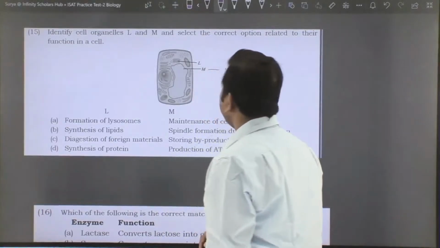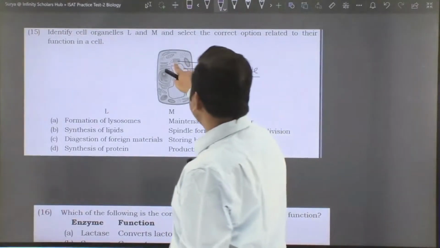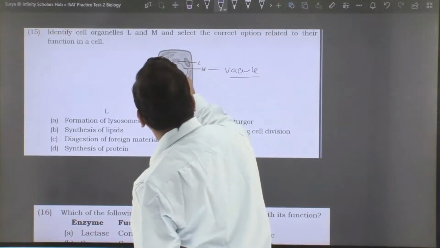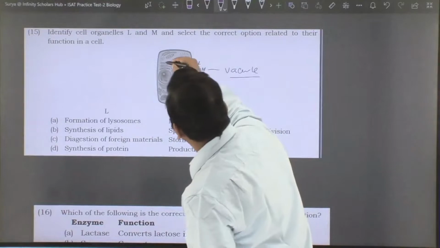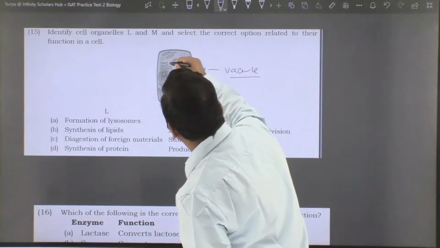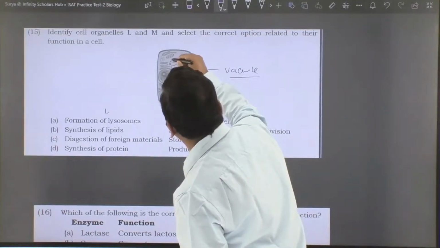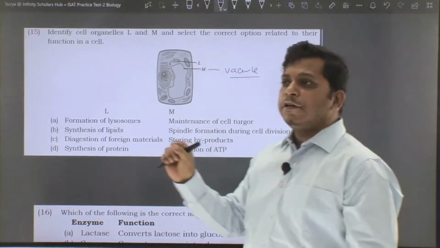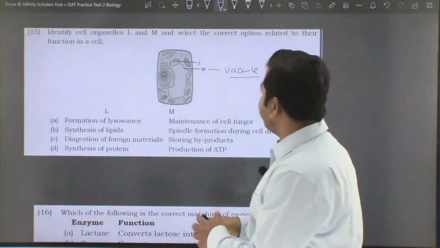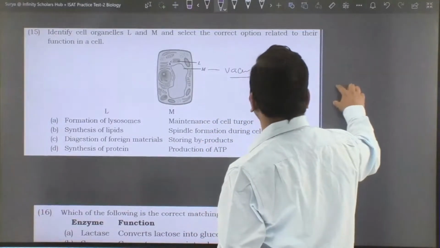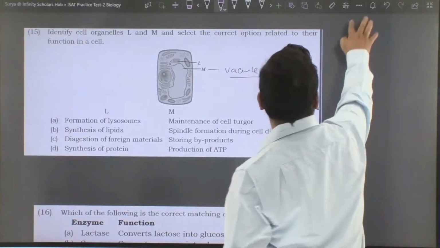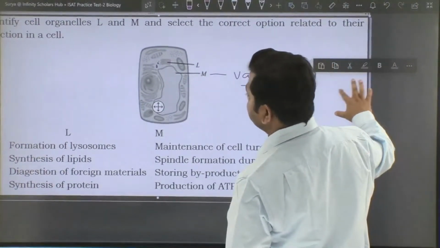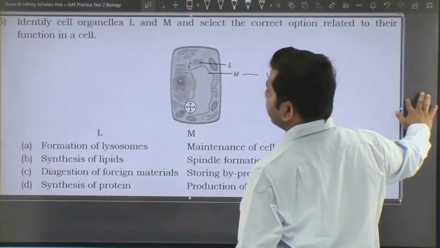And L, as you can see, these are structures which originate from the products going from the endoplasmic reticulum. There is something going from the endoplasmic reticulum and fusing with the structure. If we make it bigger, this is clearly visible.